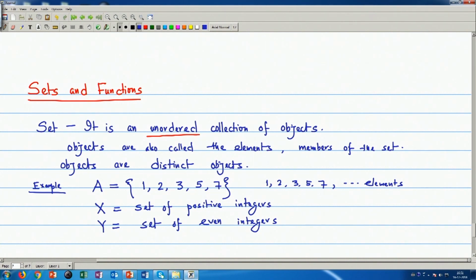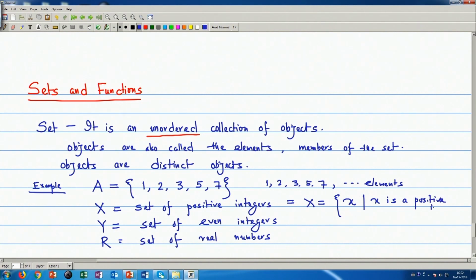Similarly, I can define that R is the set of real numbers. And the set of positive integers, I can also write as X is the set of x such that x is a positive integer.